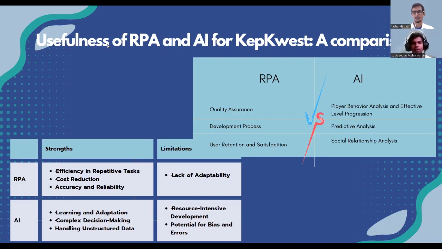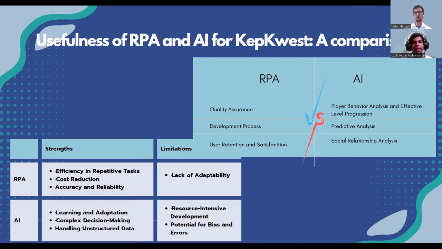And when it comes to AI, obviously it is more on the predictive and classification side. So player behavior can be modeled using AI-driven models dynamically, and levels adjusted based on players' performance and also their demonstrated skills in the games. And also they can analyze a player's behavior through data mining, and also social relationship analysis.